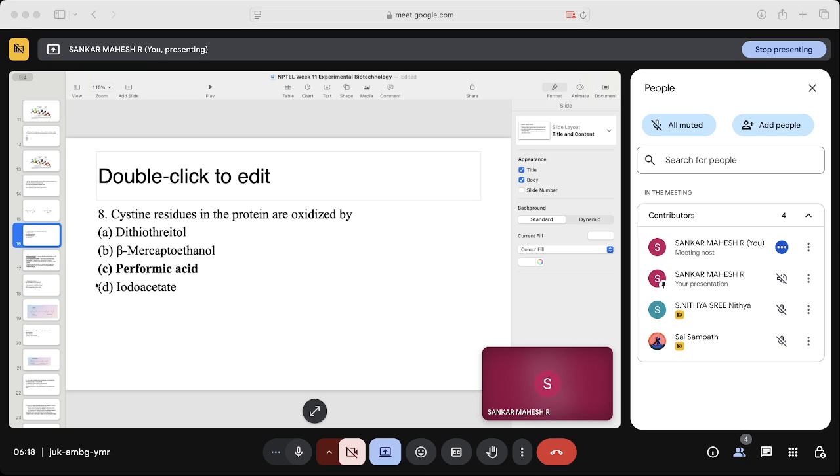Okay, you can take a couple of minutes to think about this and then tell me if you know the difference between cysteine and cystine.